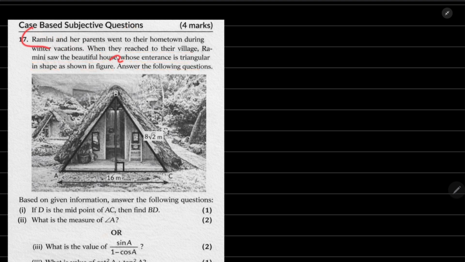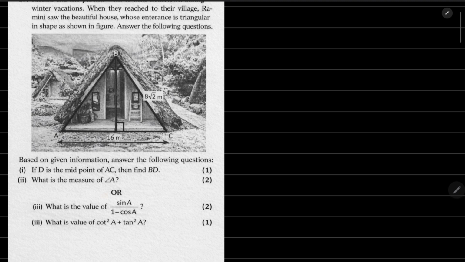So basically you can ignore everything that is given here and let's start by understanding the figure. You are given a triangle ABC. Based on the given information, answer the following question. If D is the midpoint of AC, then you have to find the length of BD.